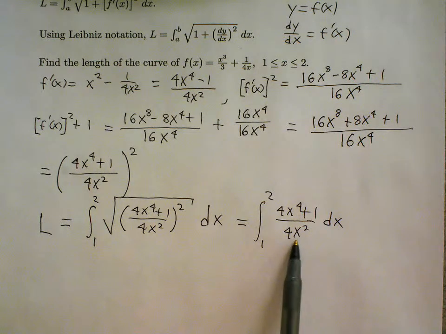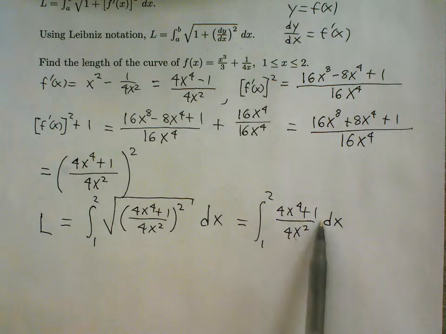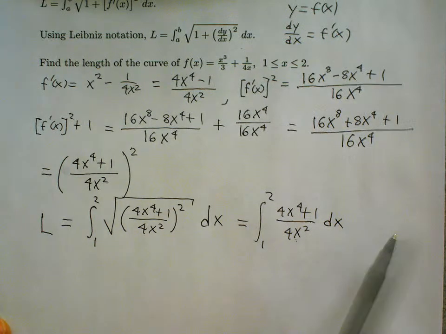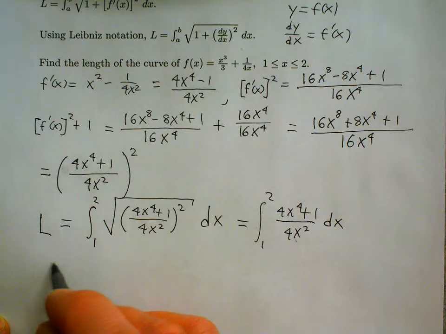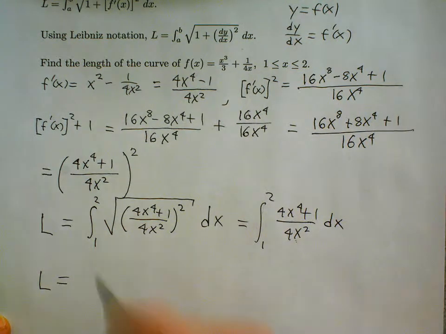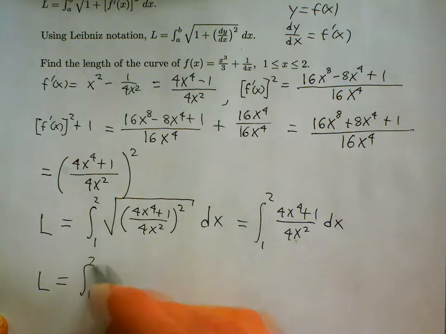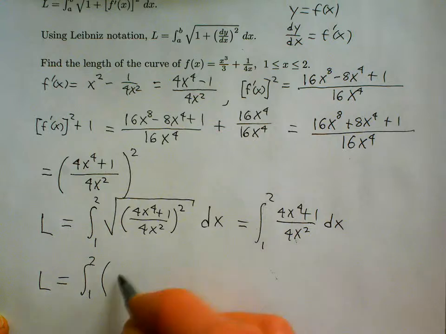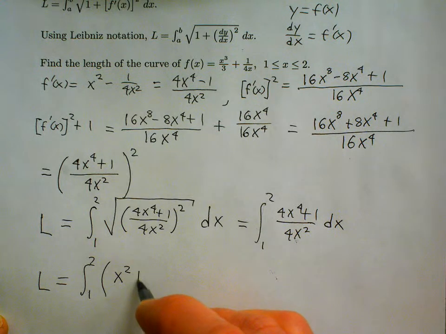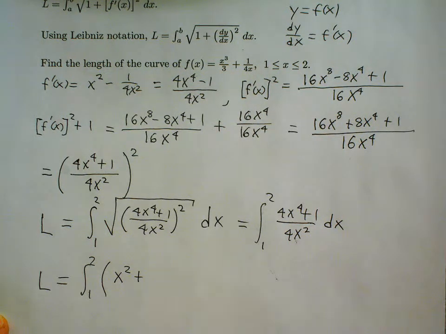Since we're dividing by a single term in the denominator, we can write this as a sum of two rational expressions, or the sum of two terms. 4x to the fourth divided by 4x to the second simplifies to x to the second, and then plus 1 divided by 4x to the second.